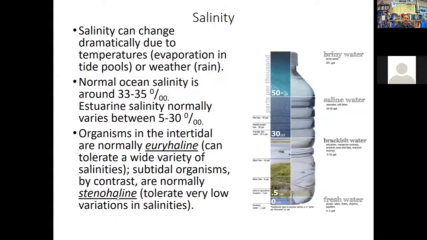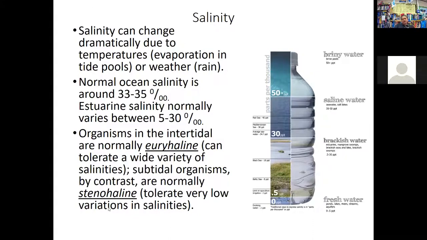But subtidal organisms are normally stenohaline. That means they don't tolerate big changes in salinity. They tolerate very low variations in salinity, and that's why they stay in the water all the time.